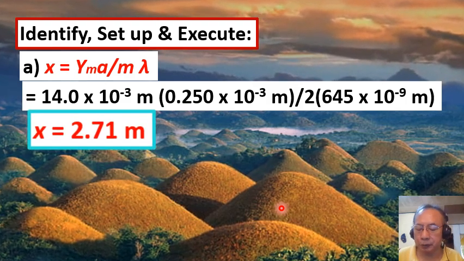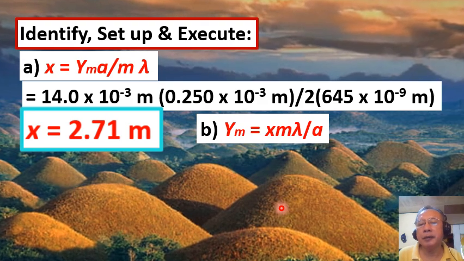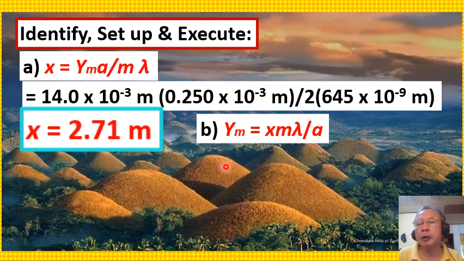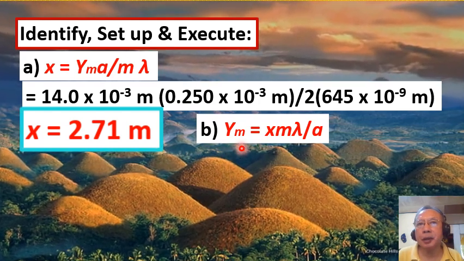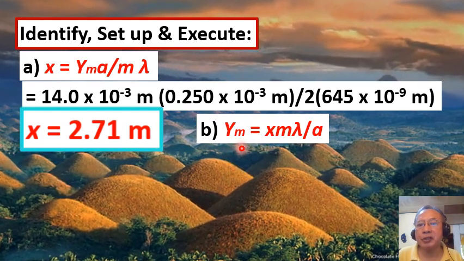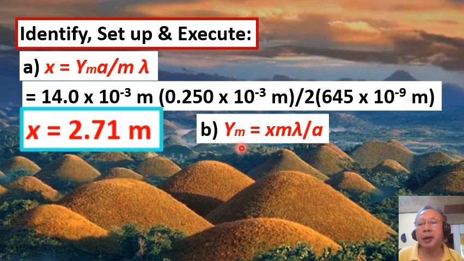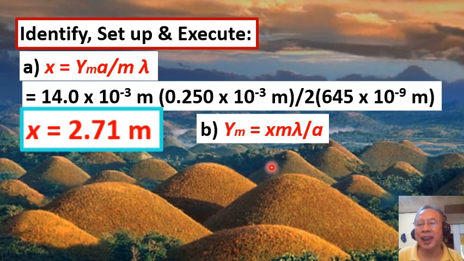And similarly, for question letter B, where we are asked to find the value of y sub m, or the distance between the second order dark fringe and the center of the central bright fringe. And that is equal to x m lambda divided by a.